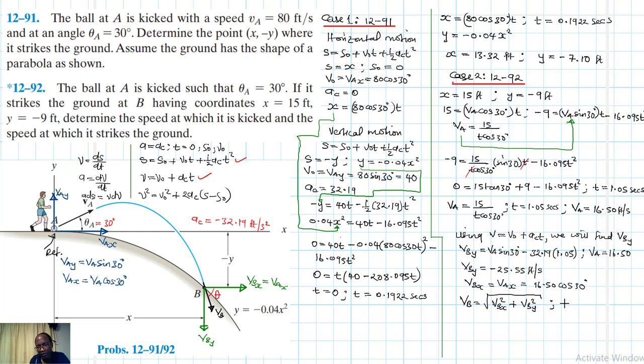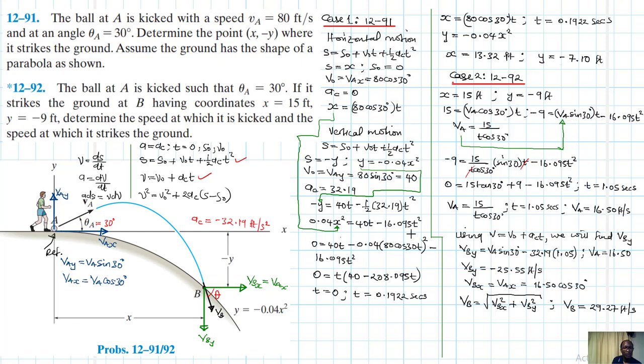We have 16.50 cos 30 squared plus VBY, which is 25.55 squared, and then square root of that. We find that our VB is equal to 29.27 feet per second. I think we are done.